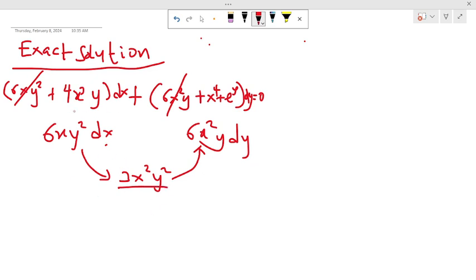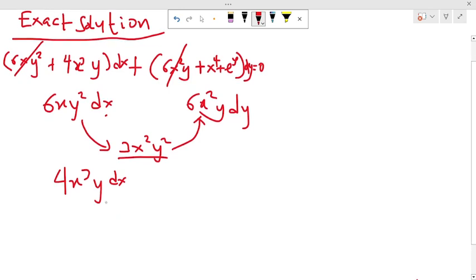Then we take another part in this equation. For this, we are going to get 4x cubed y dx. With this, we integrate with respect to x. If we integrate this expression with respect to x, you are going to get x to the power 4 y.